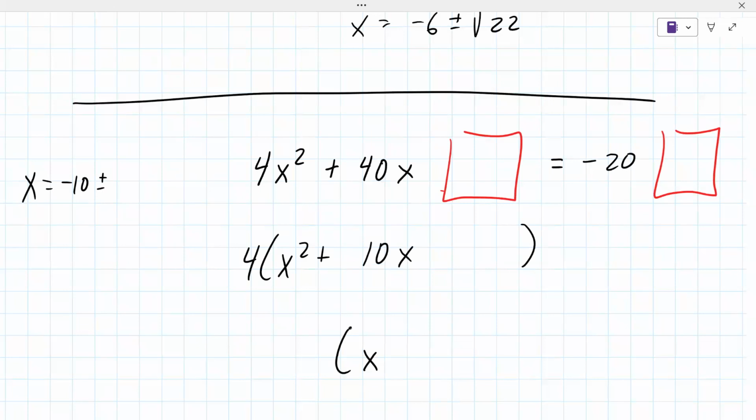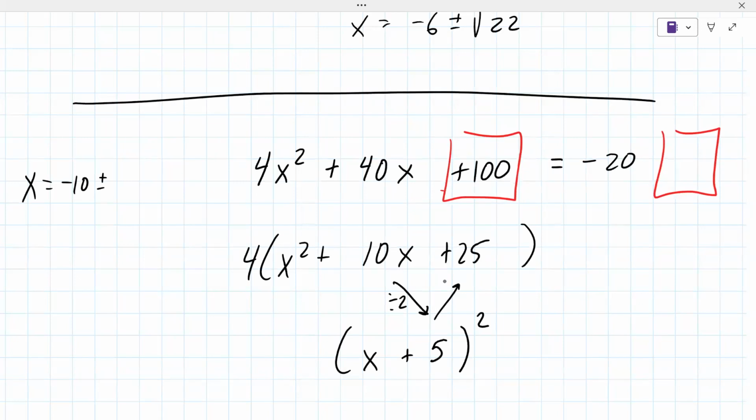Oh wait, I didn't do that. I always factor out the 4 after, so I had 4x squared plus 40x plus 400, and then I took out the 4. Okay. The problem is that 400 wouldn't be right, because when you go back here and square it, you get plus 25, plus 100.